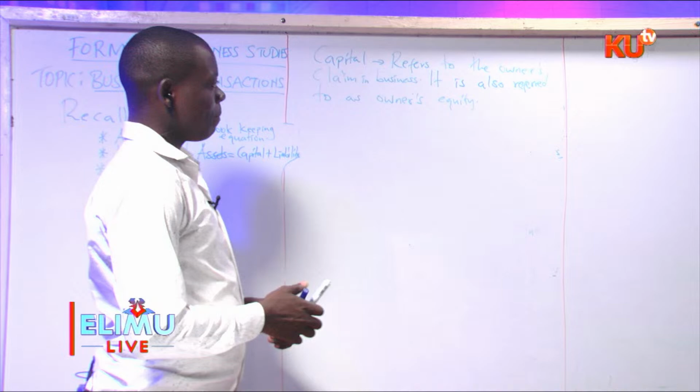Number 2, purchased goods worth 100,000, for which cash of 70,000 was paid, and the balance was still outstanding at the end of the year.